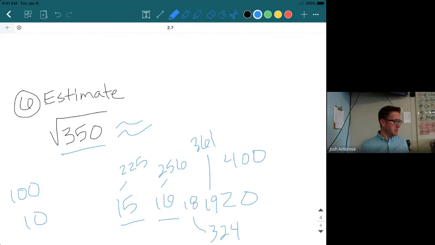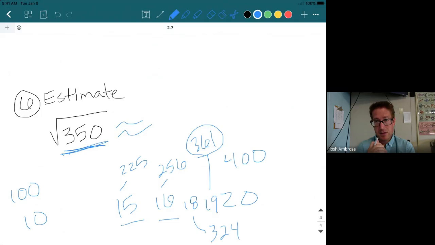Okay, now comes the time that you have to make sure we understand. Is it okay to give an estimate that does create a number bigger than what they give you? In other words, is it okay to use 361 even though it is bigger?